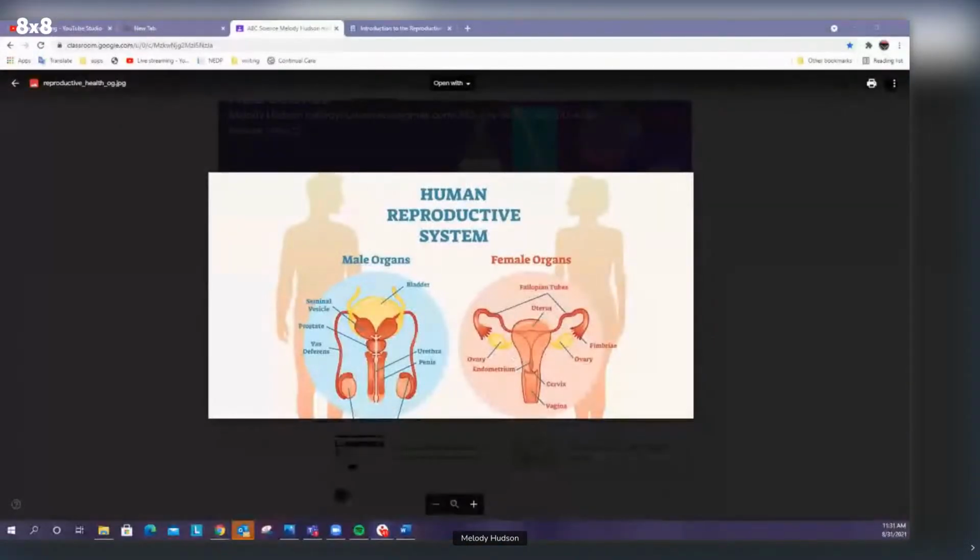So we have the human reproductive system, which basically consists of primary and secondary sex organs. But another part of the human reproductive system that this doesn't show is the brain, because the brain signals when puberty begins, when certain hormones will be excreted into the body to prepare the body for reproduction.